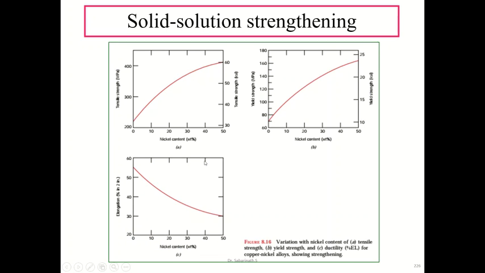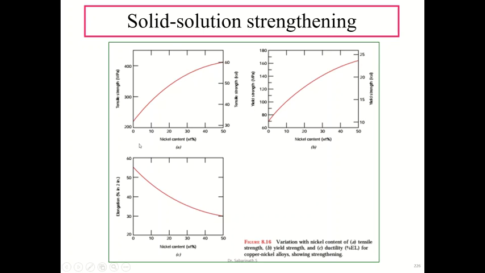So here we can see an example of a nickel content with its variation. So this is the percentage of the nickel content on the x-axis. On the y-axis we can see tensile strength, yield strength and elongation.